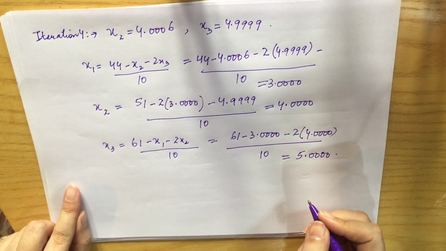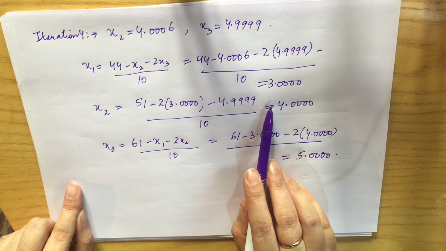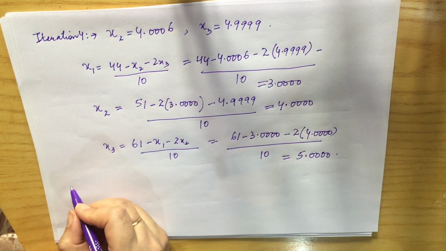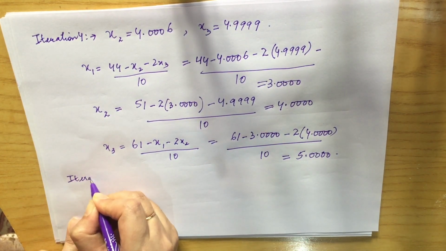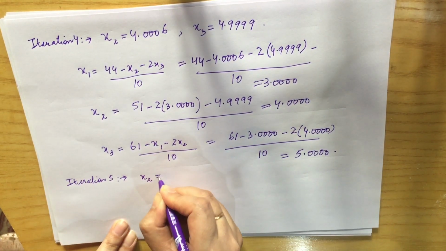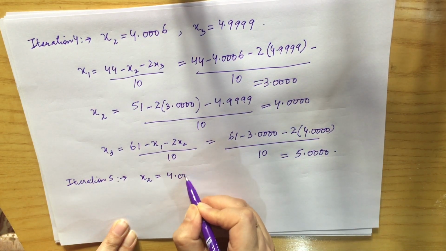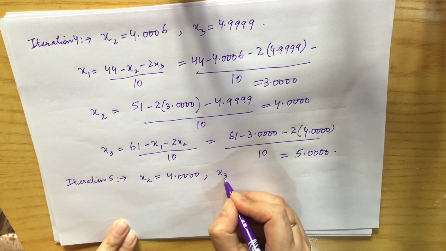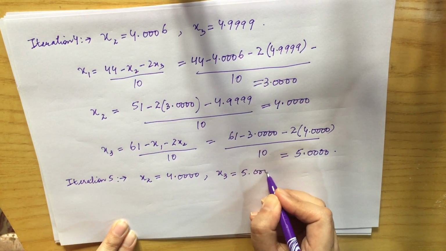5.0000. Now if you see, there is a change between the 3rd and 4th iteration in the values of x1, x2 and x3. That means we have to move on to the next iteration. We will do it for iteration 5. In iteration 5, we take the value of x2 as the new value which we calculated in the previous iteration, that is 4.0000, and the new value of x3, that is 5.0000.